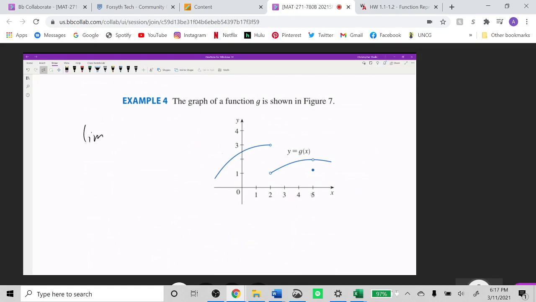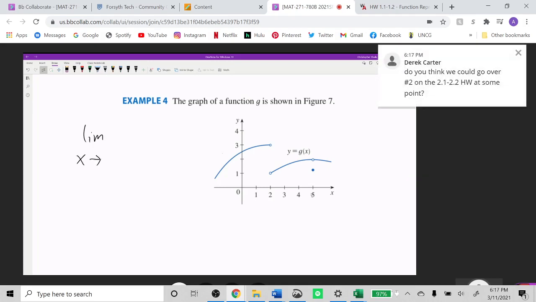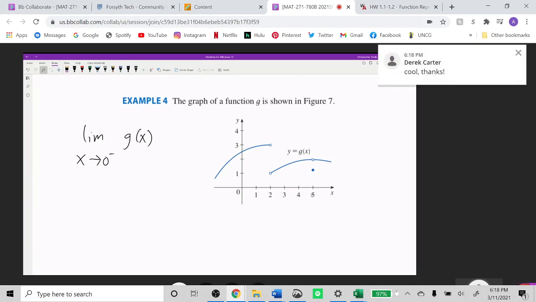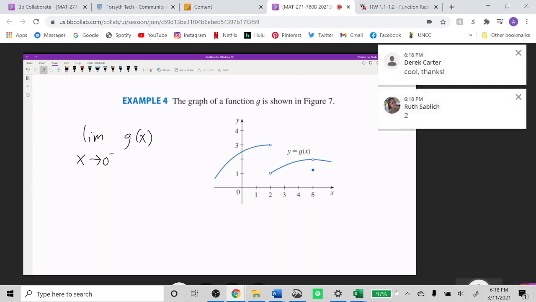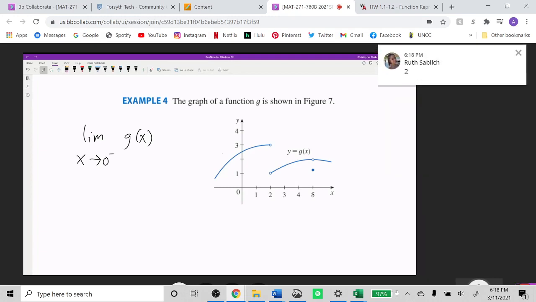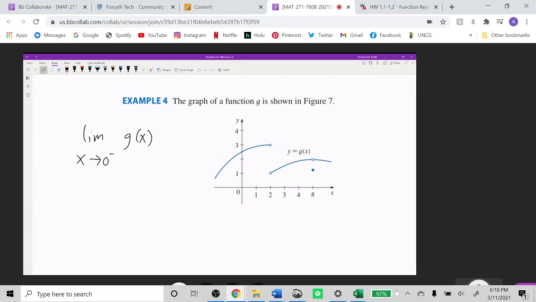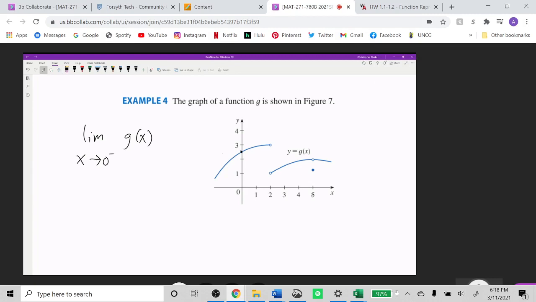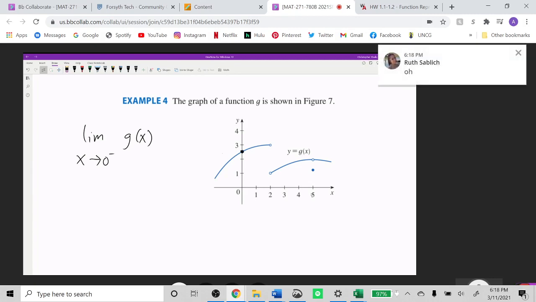If I want to find the limit as x approaches 0 from the left, what's the limit of g of x as x approaches 0 from the left? Looks like about 2, 3, looks like about 2.5. This one's tricky, right? Looks like it's between 2 and 3. 2 is just not labeled.